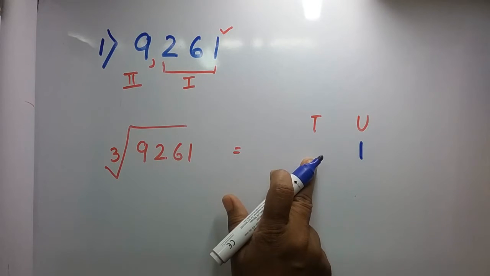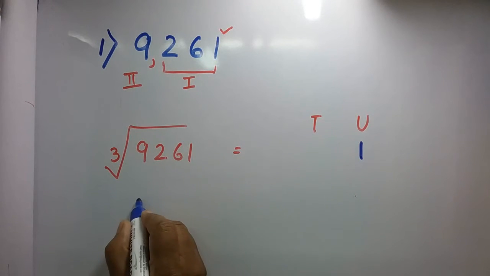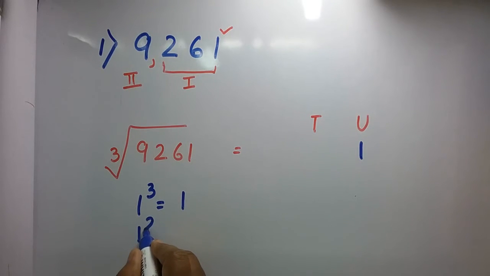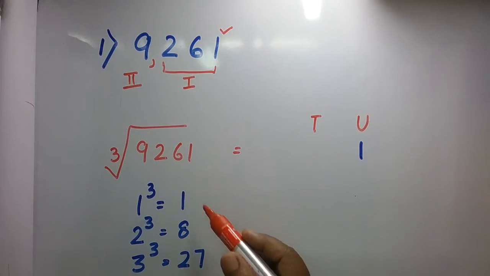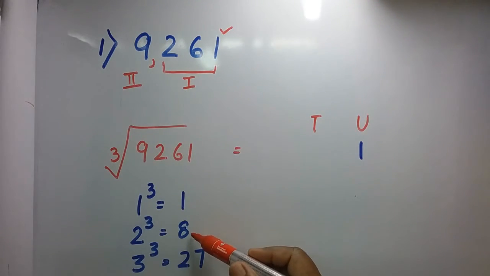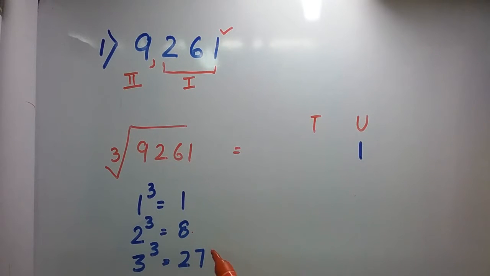To find out what will come in the tens place, first write down the cube of 1, that is 1, the cube of 2, that is 8, then the cube of 3, that is 27. When you observe all these, you'll find that 9, which is the second part, comes between 8 and 27.